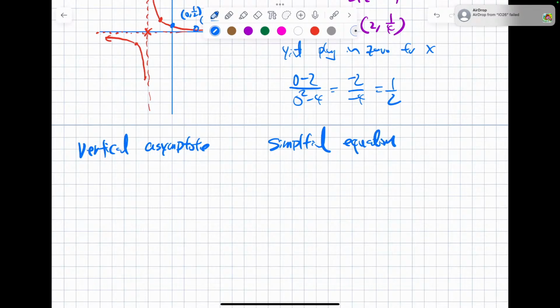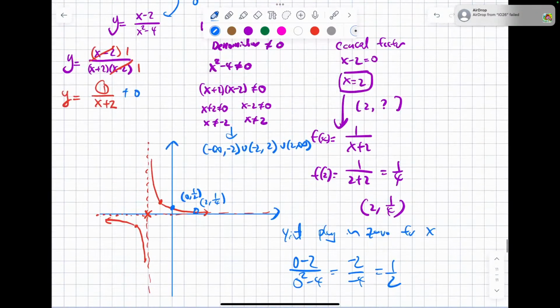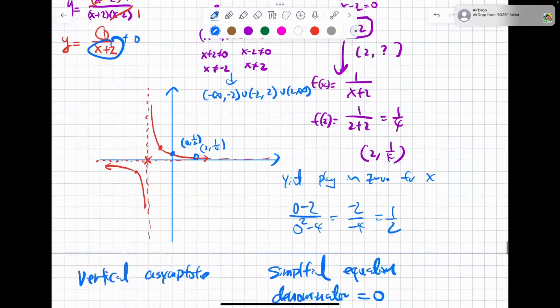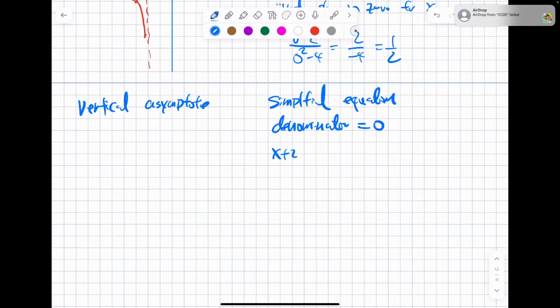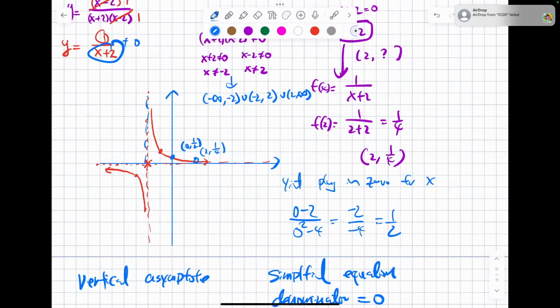It's the simplified denominator equal to 0. So you take the simplified, which is x plus 2. So x plus 2 equal to 0, x equal to negative 2, which is going to create this asymptote. You're not going to touch the vertical asymptote.